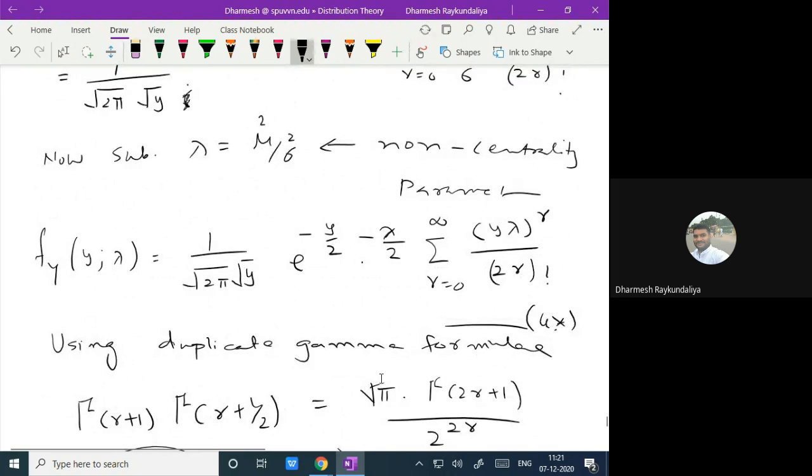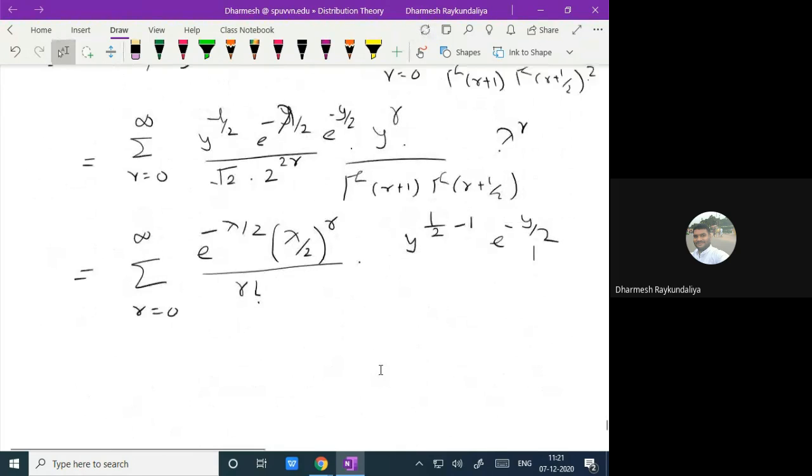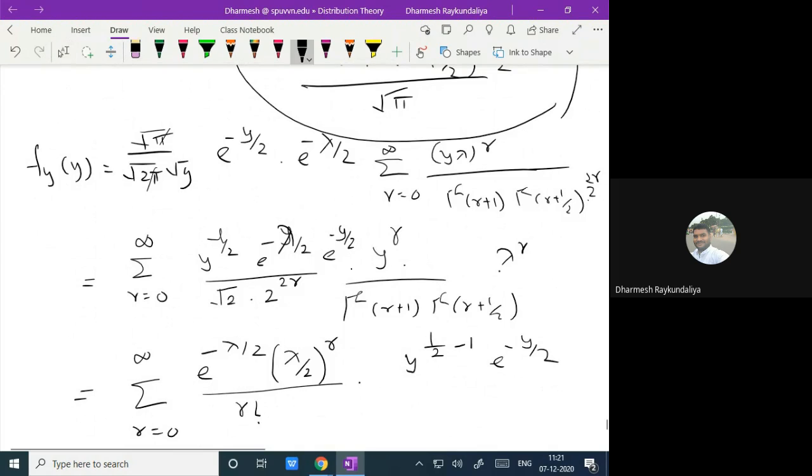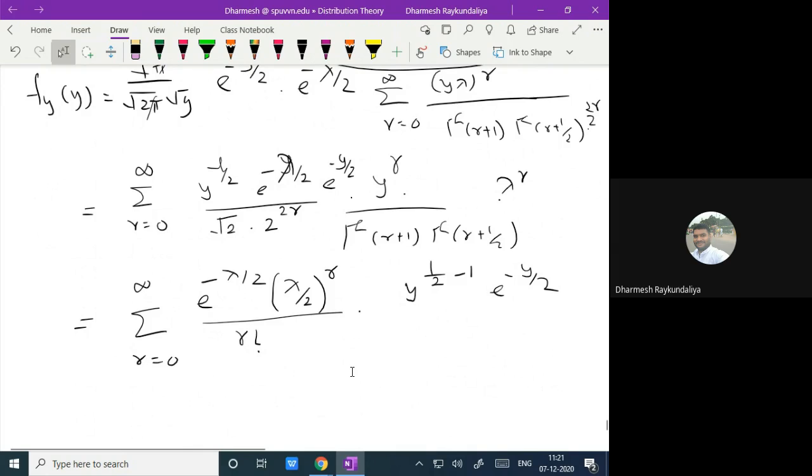It is minus lambda by 2. Then what happened? y raised to r is there, divided by what you will get. Here lambda is to the power r, 2 raised to r, so we have 1 upon 2 raised to r. This is 1 by 2, so it is 2 raised to r plus 1 by 2, and this is gamma r plus 1 by 2.